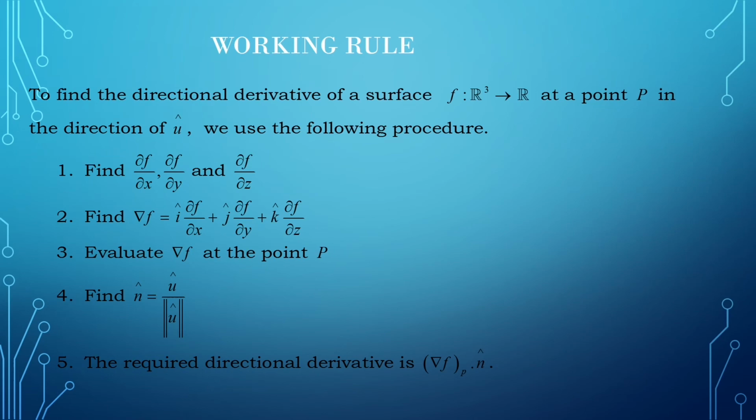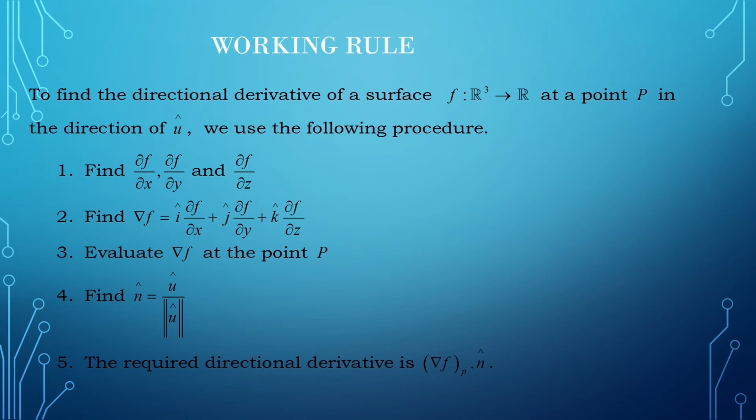In step 2, we find out the gradient of the given scalar field f. Del f equals i cap dou f by dou x plus j cap dou f by dou y plus k cap dou f by dou z. In the third step, we evaluate this gradient del f at the given point P.